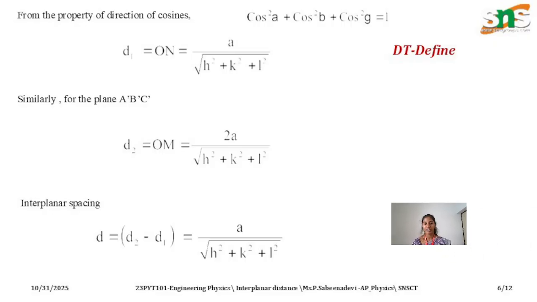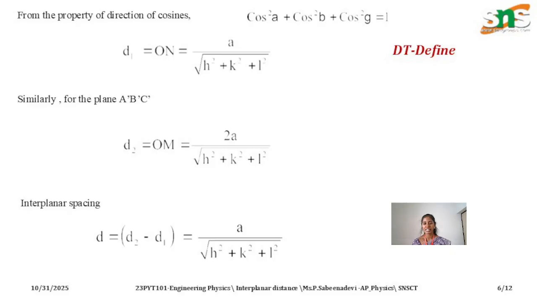Now we apply the cosine law: cos squared alpha plus cos squared beta plus cos squared gamma is equal to 1. We already found the values of the intercepts, so we substitute them here. We get the d-spacing value d1 equal to a divided by the square root of h squared plus k squared plus l squared. Similarly for the next plane, d2 is equal to 2a by the square root of h squared plus k squared plus l squared.